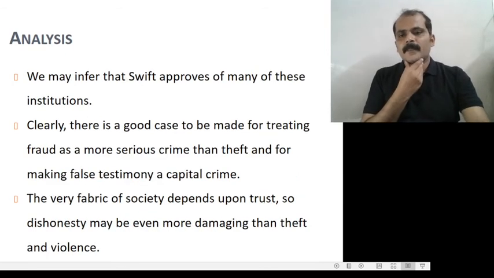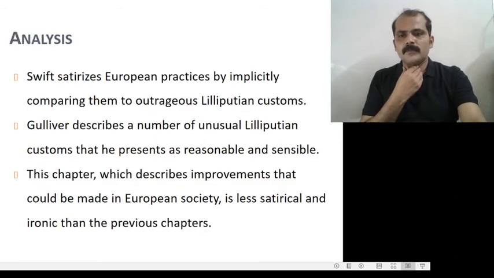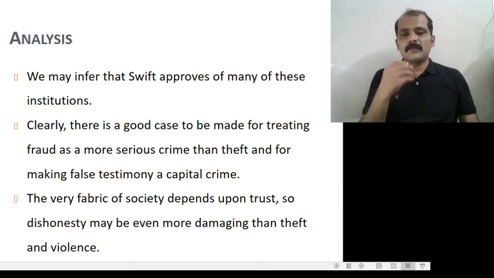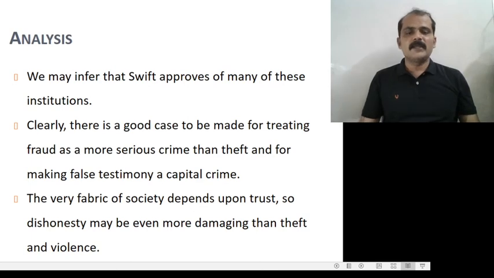We may infer that Swift approves of many of these institutions here. Clearly, there is a good case to be made for treating fraud as a more serious crime than theft, and for making false testimony a capital crime.